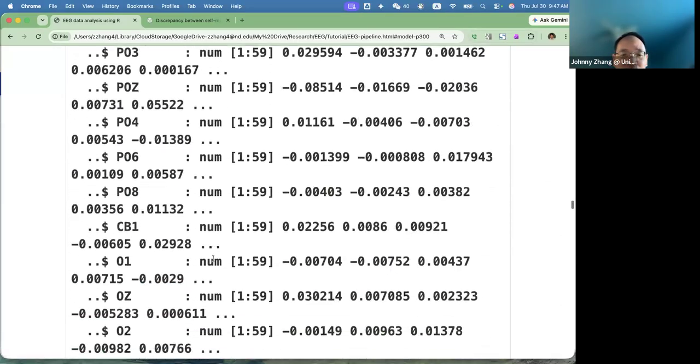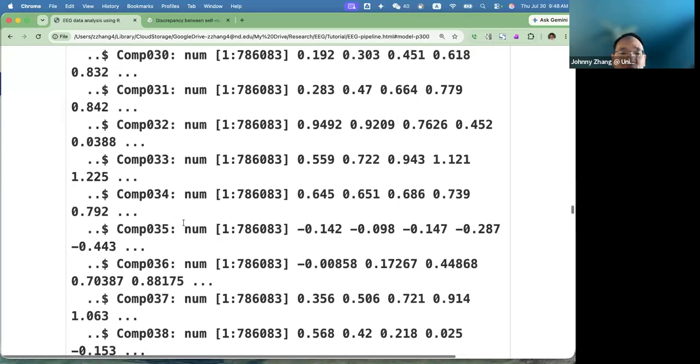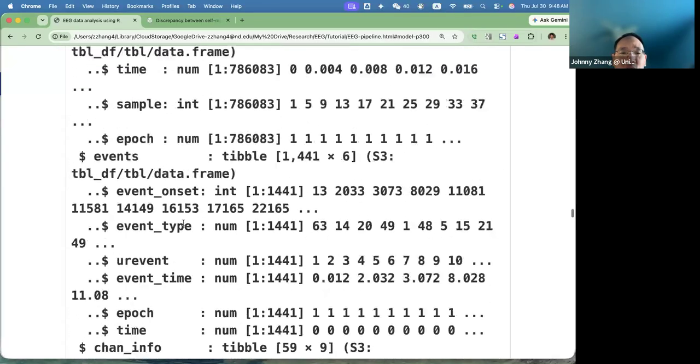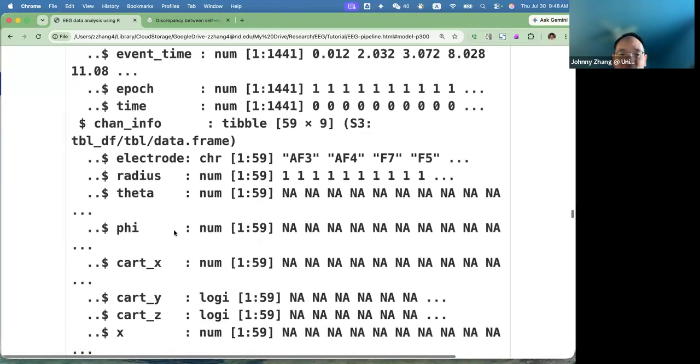And then I also have the components. The components have the same dimension as the original EEG data before ICA. Then it has other information similar to the EEG data format used here.